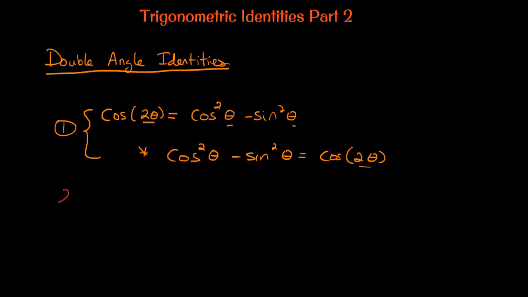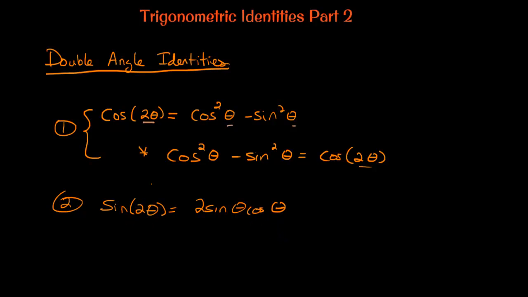And we'll talk about the second one here. I'll do the second one in orange. The second one is going to be a way for us to relate the angle sine of 2 theta. So the angle sine of 2 times theta is equal to 2 sine of theta times cosine of theta, and those are both thetas.